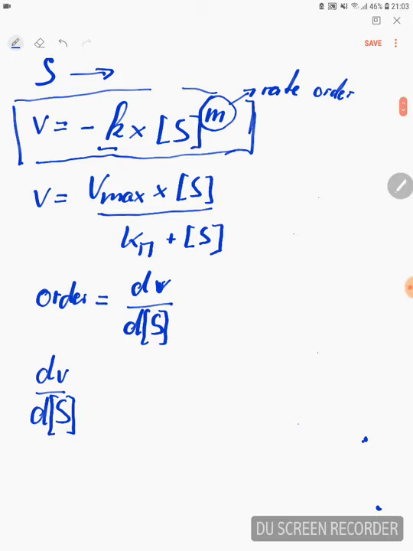And that is pretty simple. We look for the S, and from the basic rules of getting a derivative, we know that this would be minus K times M times S to the power of M minus 1.